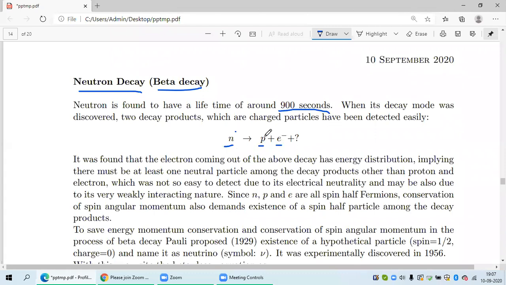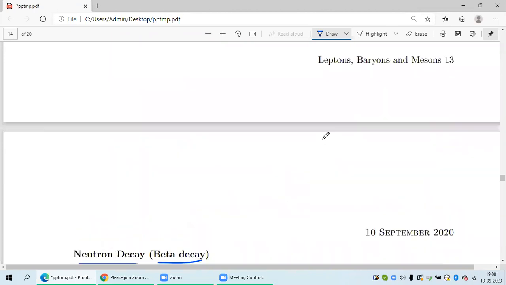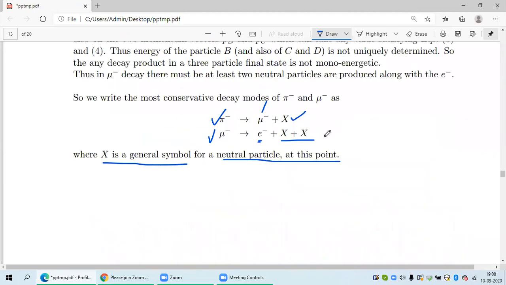Also, if you measure the energy of the electron for a given energy of the neutron, you will find that this electron is not monoenergetic, but has an energy distribution. Since it has an energy distribution, the final state cannot be a 2-particle state. There must be something more in the final state, like in muon decay.